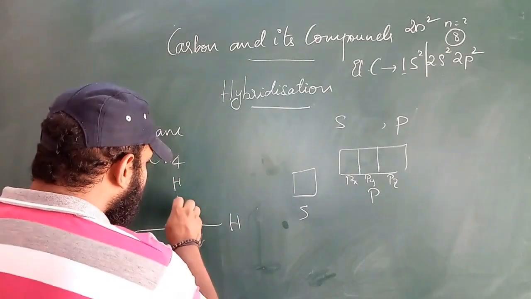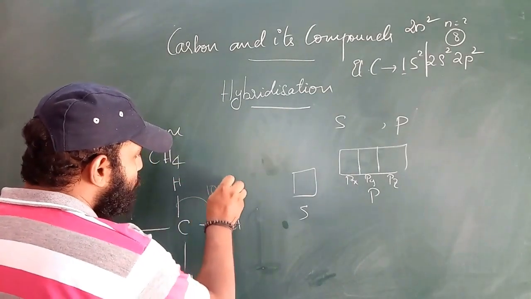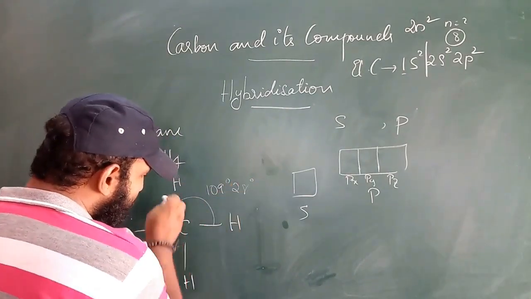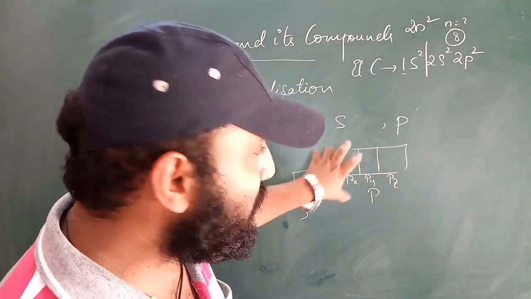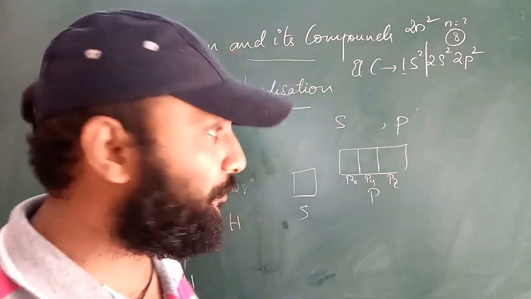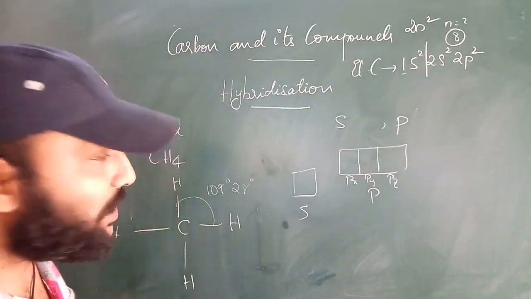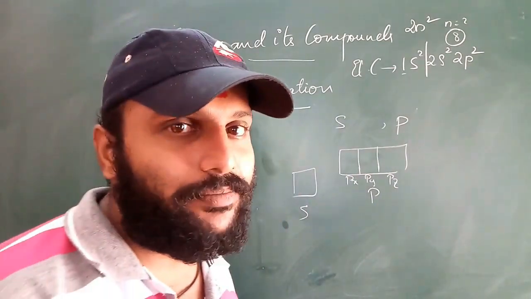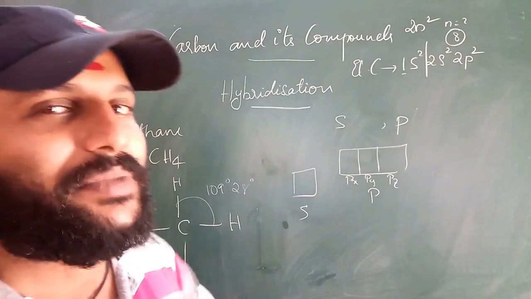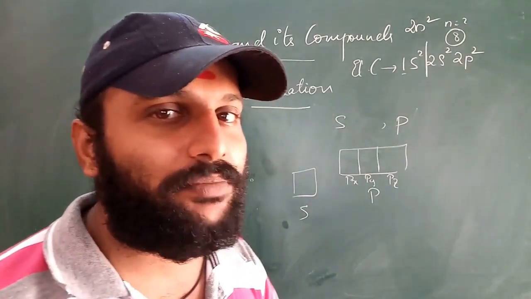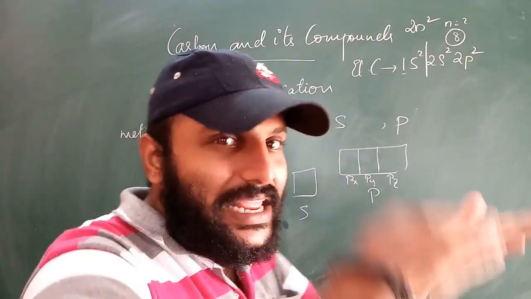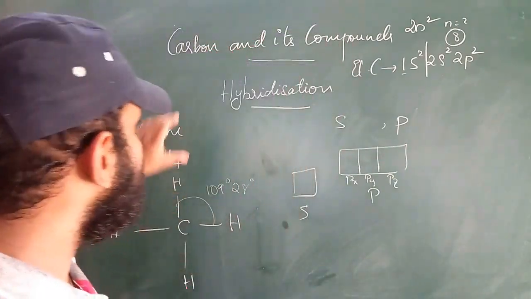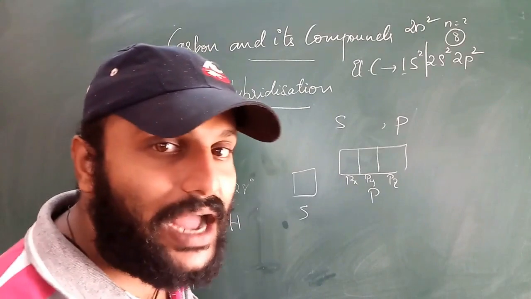At the same time, the bond angle is 109 degrees 28 minutes. Even though there is a difference in the energies of the orbitals, the carbon is making identical bonding. So some other process must be happening during bonding that makes these energies become equal. What is that process? That is called hybridization.